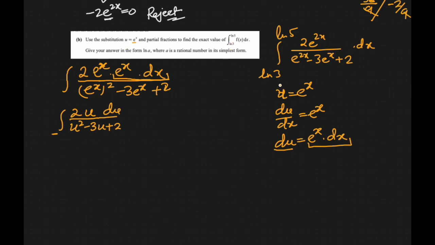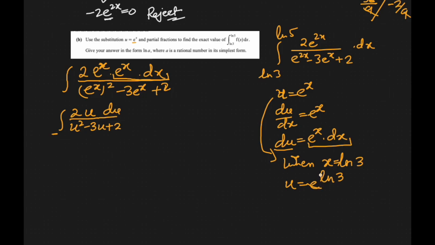So if u is e to the power x, then when x is natural log 3, u becomes e to the power natural log 3, right?